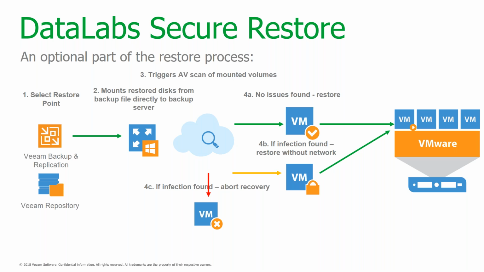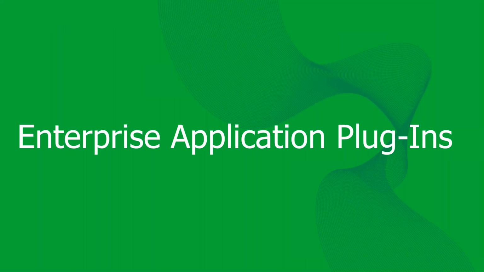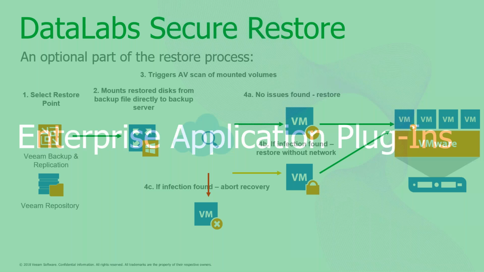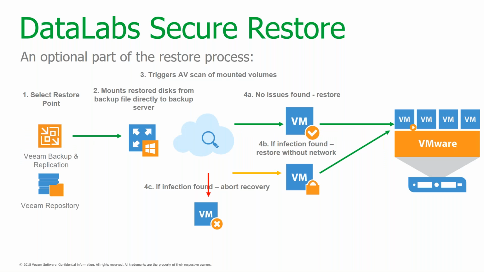So the engines that we are compatible with, which are on the next slide, I believe. Maybe I'm wrong. No. So the engines that we're compatible with today are Symantec, ESET, Windows Defender, and we work with anything that has a command line.